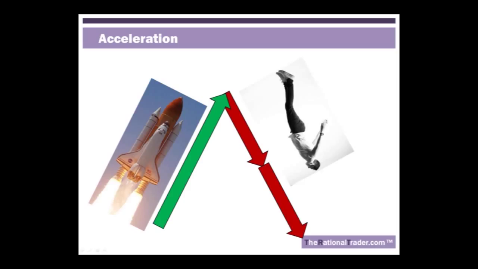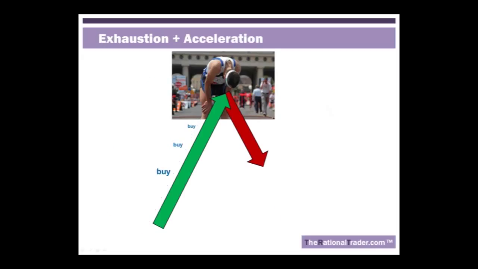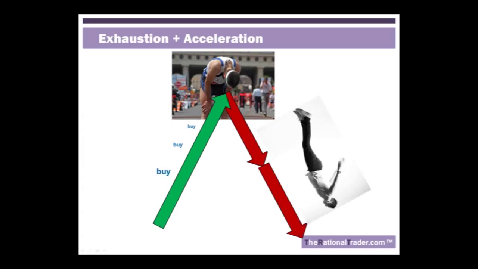Okay, this is acceleration. Now, you also see these in combination, and my favorite is this one here, where you've gotten exhaustion. You saw lots of buying, you just ran out of buyers. You just ran out of steam, and then you see just big selling. So you ran out of buyers, and then the other side stepped in and just took over and drove the market down.